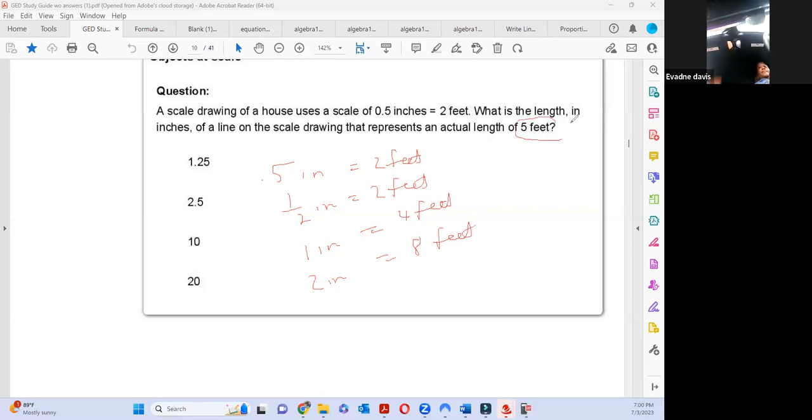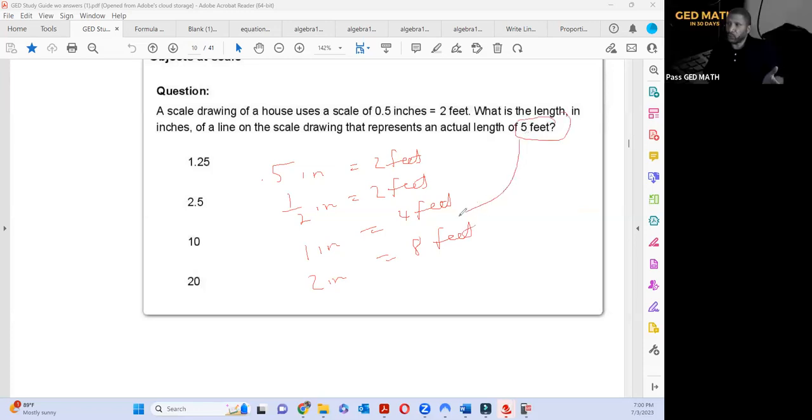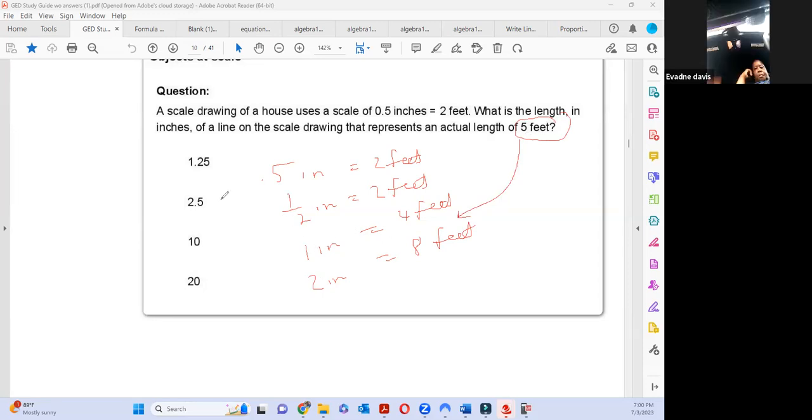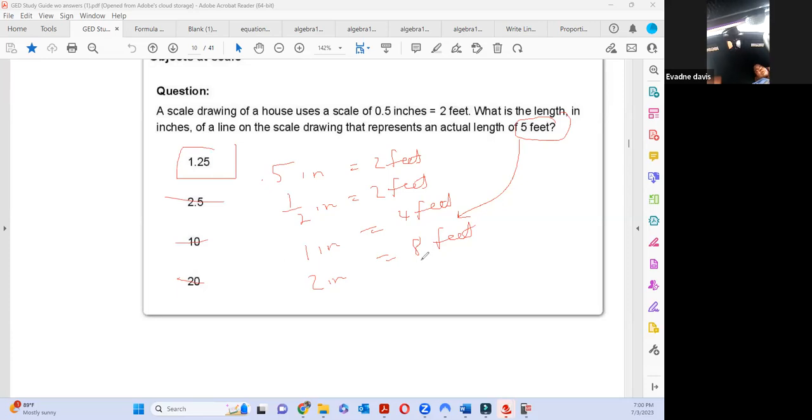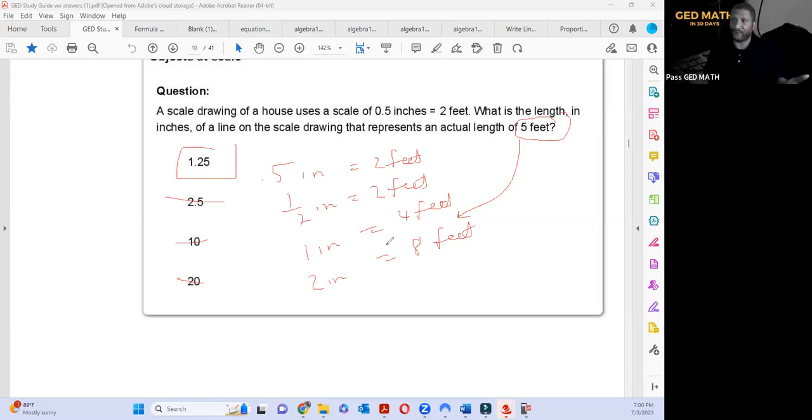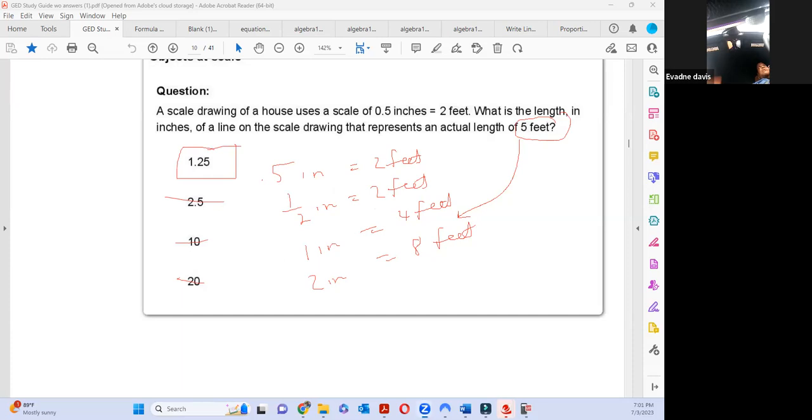Well, we want to know 5 feet. 5 feet is in between 4 and 8. So it's between 1 and 2. So the only answer here that is between 1 and 2 is 1.25, because 2.5 will be more than 5 feet, and anything over 2.5 would also be over 5 feet. So the correct answer is 1.25.